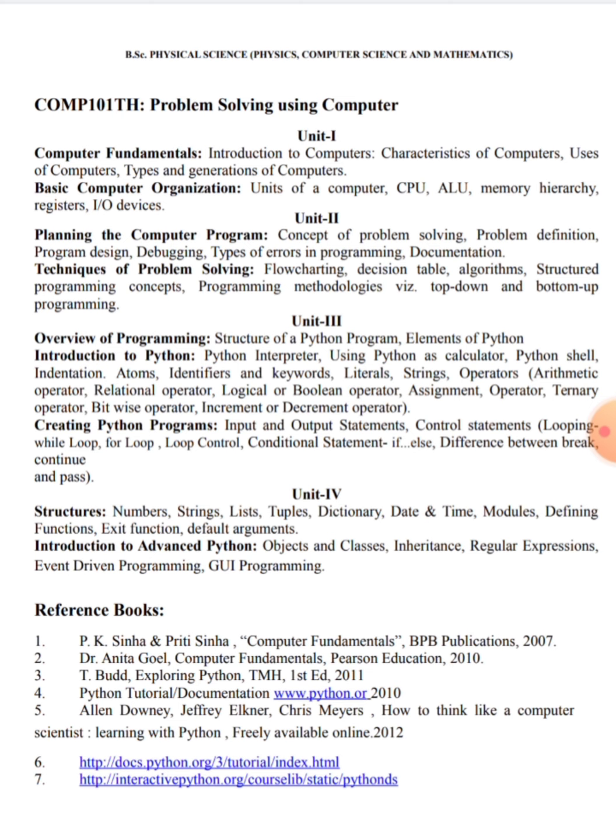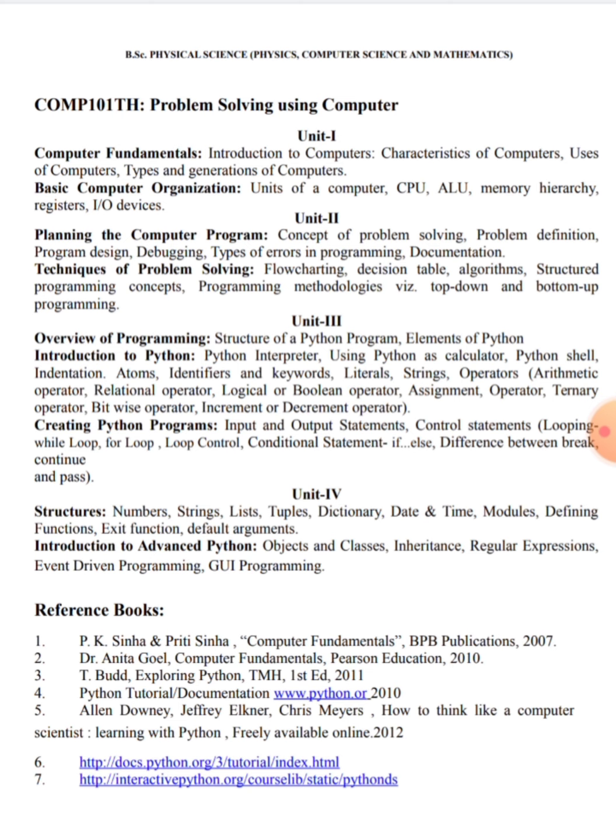So the first topic is about planning of a computer program, in which the concept of problem solving, how problems are framed, how they are solved, how they are designed, and after designing, how errors are debugged, and what the various types of error are. All these topics will be discussed under planning the computer program.